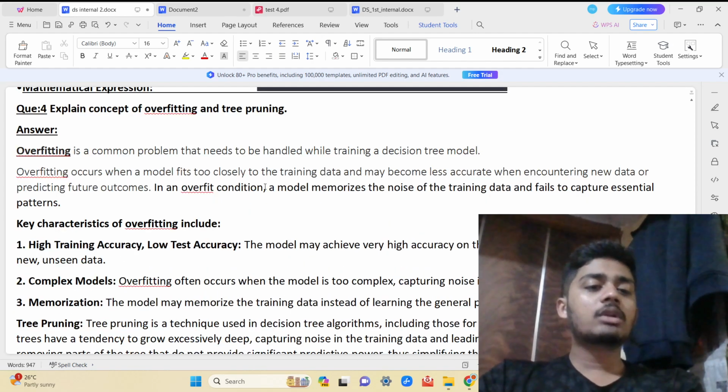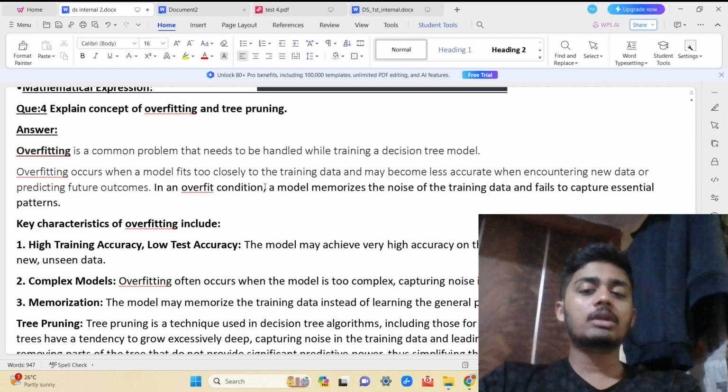Now, coming toward the last question, explain the concept of overfitting and pre-pruning. Overfitting is a common problem that needs to be handled while training a decision tree model. Overfitting occurs when a model fits too closely to the training data and may become less accurate when encountering new data or predicting future outcomes.